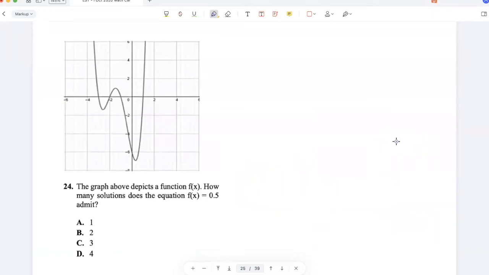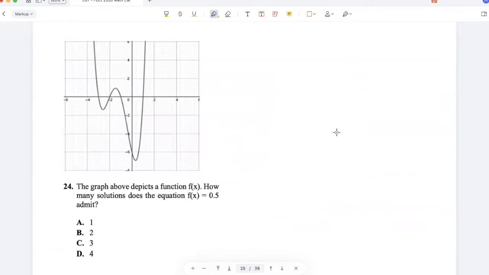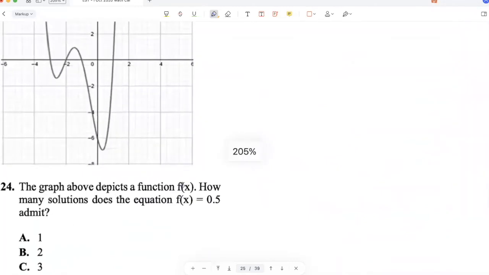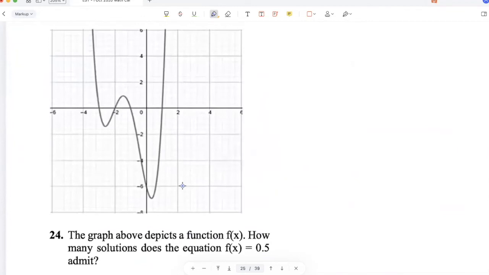The graph above depicts a function f(x). How many solutions does the equation f(x) is equal to 0.5 admit? Okay, so f(x) equal to 0.5 would be a horizontal line passing through 0.5.